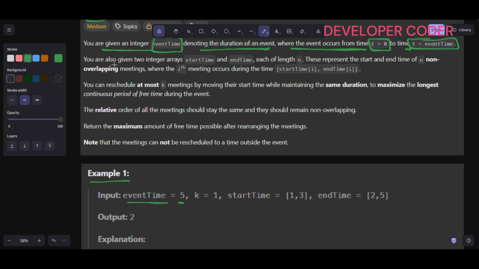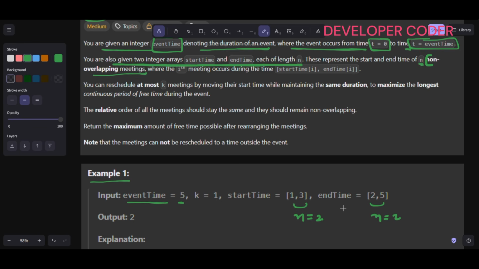You are also given two integer arrays, start time and end time, each of length n. So here length n is equal to 2, here also length 2. These represent the start and end time of n non-overlapping meetings.